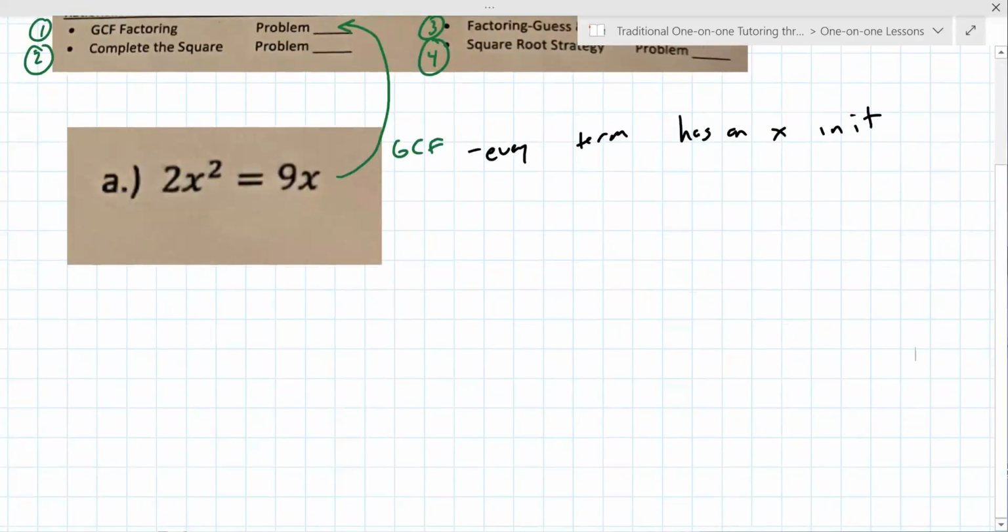Is that clear? So if every term has an x in it, it's GCF factoring. The strategy here is to move all terms to one side of the equation.